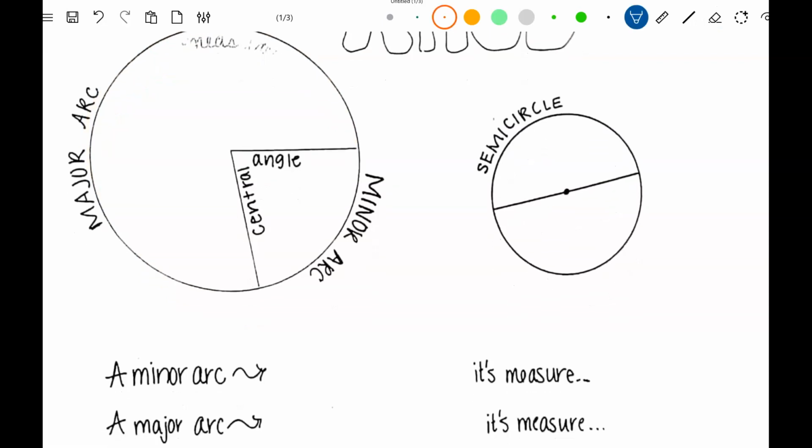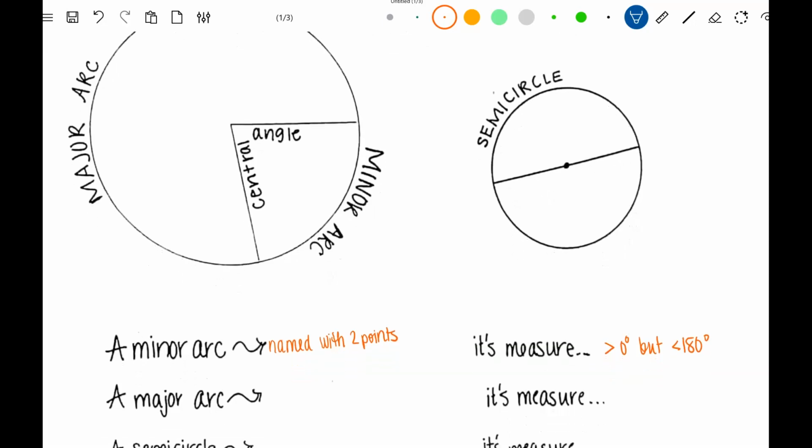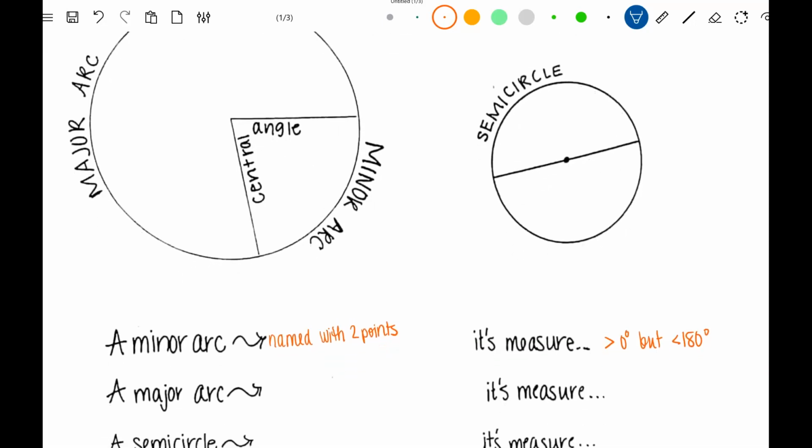A minor arc can be named with just 2 points. Its measure is greater than 0 degrees, but less than 180 degrees. A major arc, there are 2 ways that it can be named.